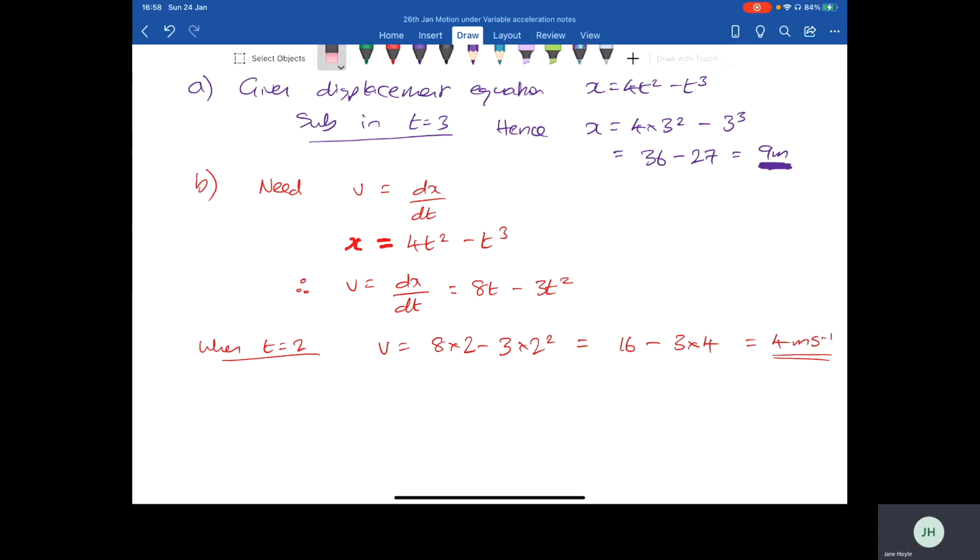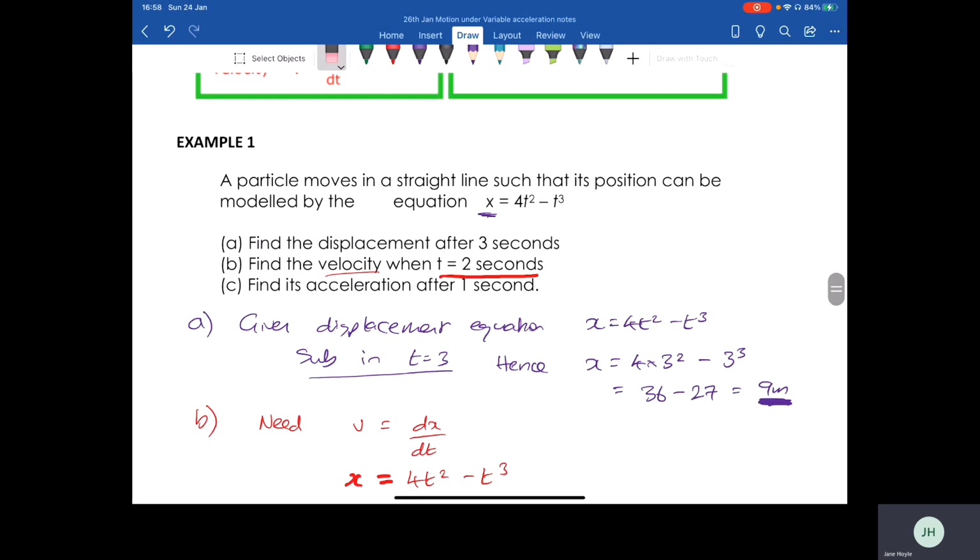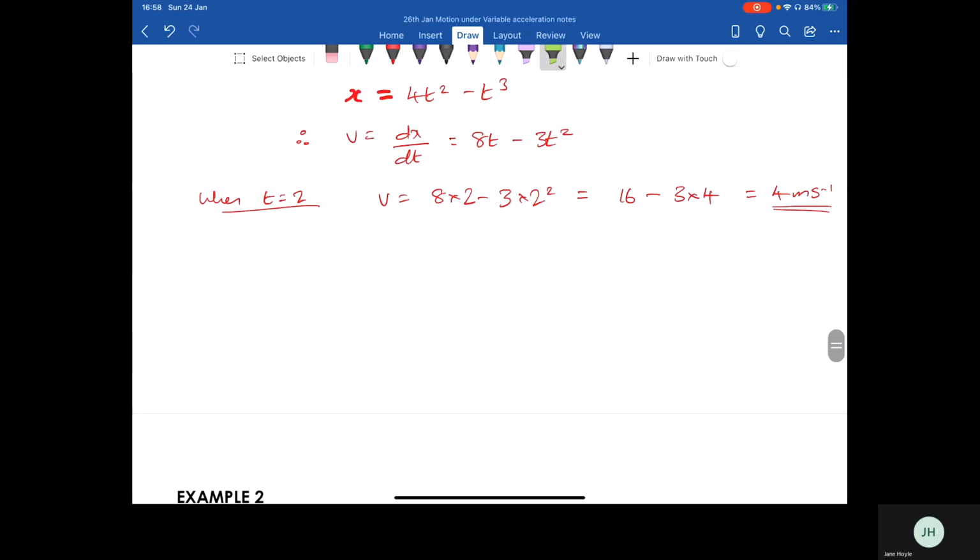Okay, so last up, I'm sure you've got an idea of what's coming up. Yes, we've now got to find an acceleration. We know that the gradient on a velocity time graph gives us the acceleration.